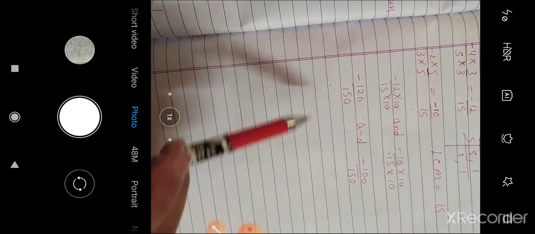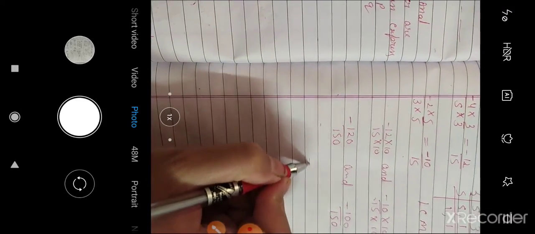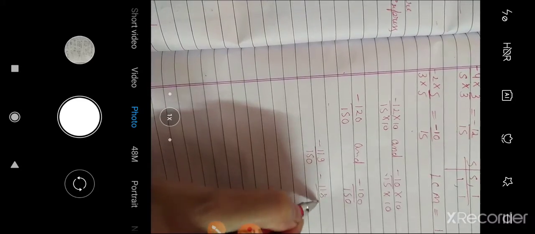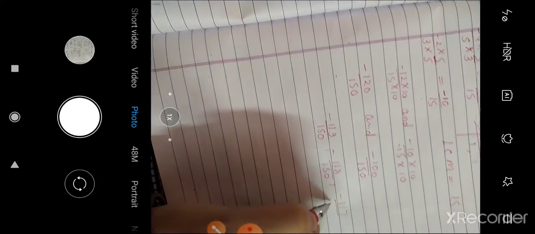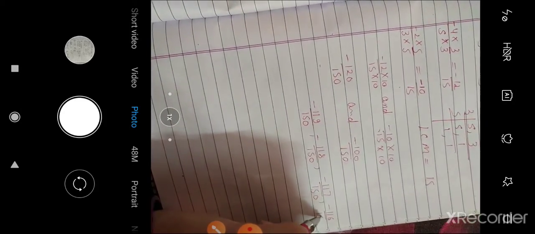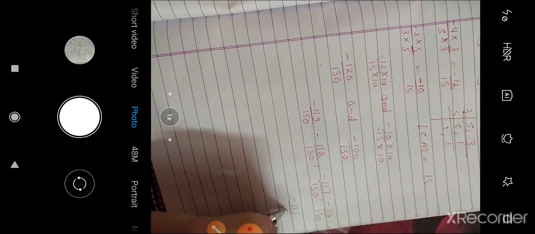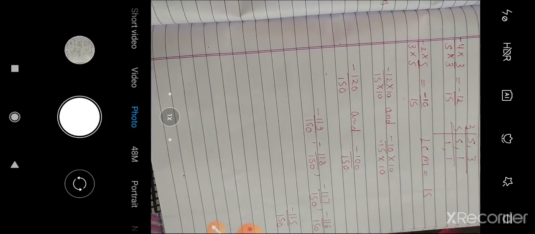Now we can take any 5 numbers between them. So we have minus 119 by 150, minus 118 by 150, minus 117 by 150, minus 116 by 150 and minus 115 by 150. In this way you can solve the fourth part of this question.